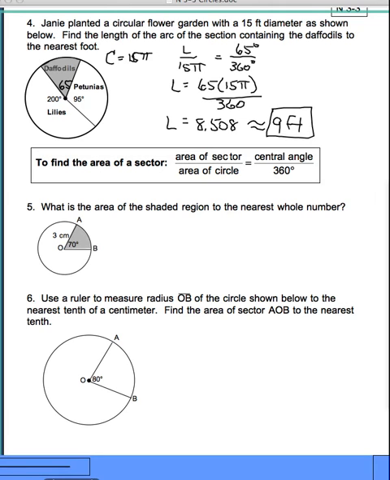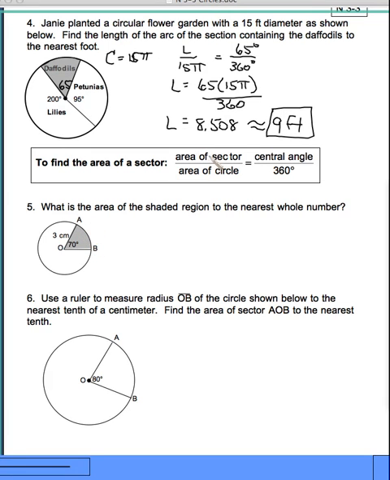All right. Now the area of a sector. If they wanted the area that these daffodils were planted in, that would have been the area of a sector. It's usually a shaded region. What is the area of the shaded region to the nearest whole number? So we're finding the area of the sector of a circle.